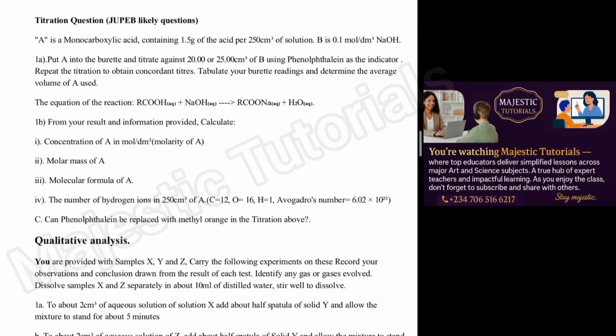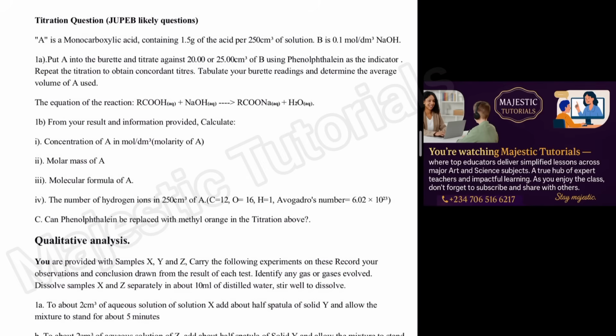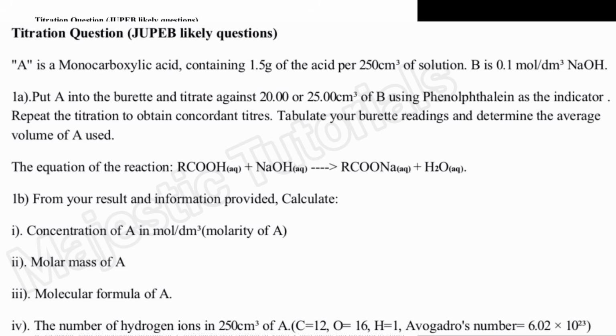All right. So looking at this, the way this question was constructed, we are targeting that this should be a 90% possible question that will appear. All right. So we are looking at the strength given, 1.5 gram in 250 cm cube, which is the same thing as ml. So all this information is what we need.